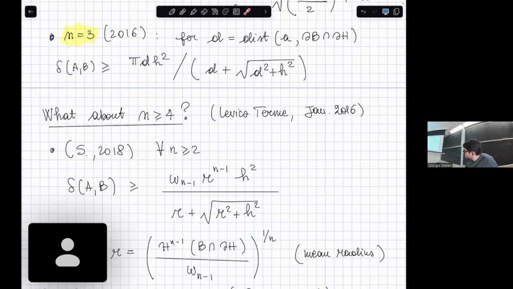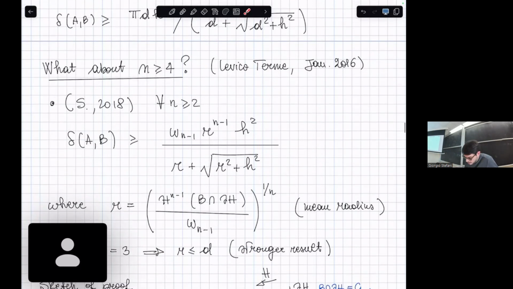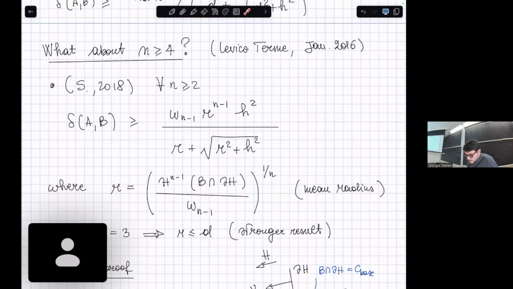So what I was able to prove some years after that was this. That is, whatever dimension you give me, you will be able to lower bound the difference with this fraction. So here, omega n minus 1 is the volume of the n minus 1 dimensional ball. Okay, it's a disk, actually, if you see it in dimension n. And then you have this parameter, which is a radius. H will always be the outer distance, as I said.